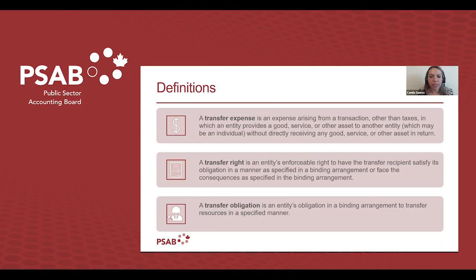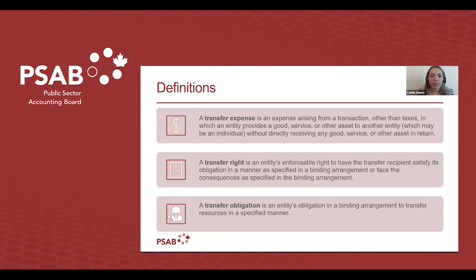The recipient of the transfer is the transfer recipient, who may be obligated to transfer goods or services to third-party beneficiaries. Transfer rights and transfer obligations result from a transfer expense transaction with a binding arrangement as defined in IPSAS 47 revenue.